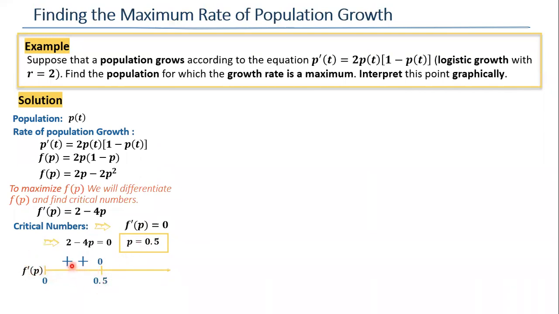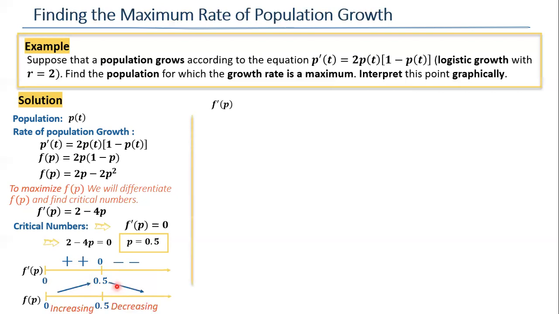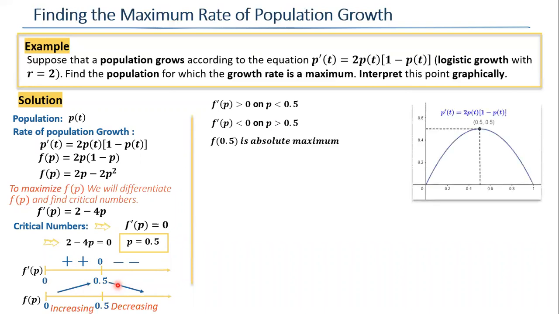We'll take test numbers. On the left we get positive, on the right negative. So f of P on the left of 0.5 is increasing, on the right of it decreasing. So it's a maximum, an absolute maximum. So f of 0.5 is the absolute maximum, like this graph.